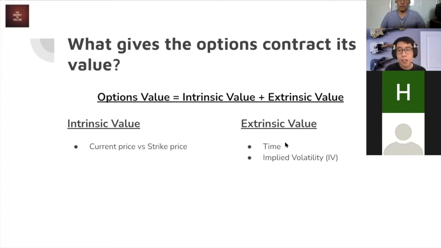In that case, the time value is still on our side. Although it decays just a little bit, it will not decay much. And let's say the IV is consistent throughout the half year. What gives the option's value a big jump is the intrinsic value, which is the current price versus the strike price.